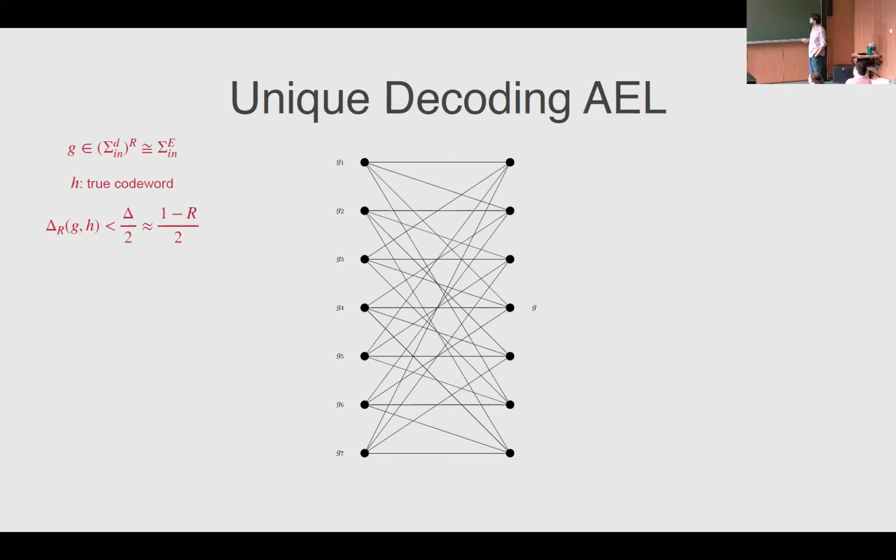Well, based on the g here, we can induce a bunch of local views for the same g. Because g, even though it was seen as a symbol in sigma^d for each right vertex, is really a labeling on the edges. Once you have a labeling on the edges, you can look at the corresponding labelings on the left vertices.